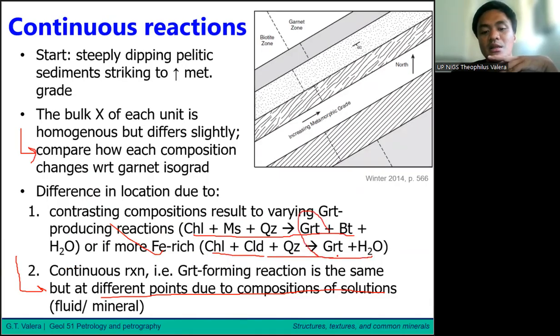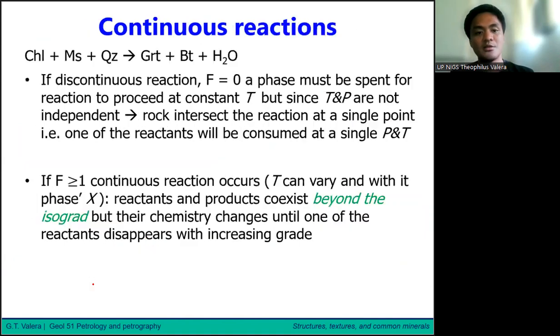Both are garnet-in isograds, pero the location is different for a rock with this reaction or a rock with this reaction. Okay? Yung important for us for this discussion is yung continuous reactions, which was discussed already previously.